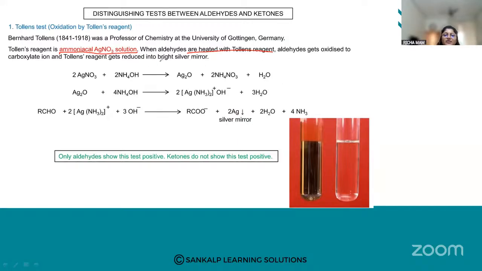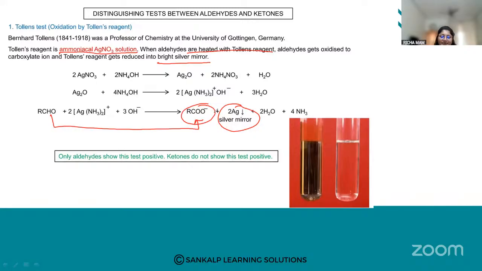It forms a bright silver mirror, which tells you the formation of silver metal. So what is happening during this reaction? The aldehyde is getting oxidized to the corresponding carboxylate ion.